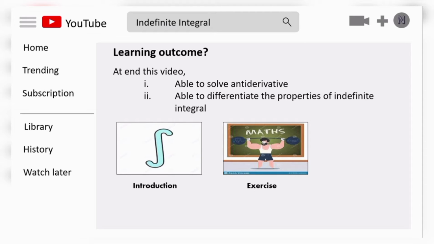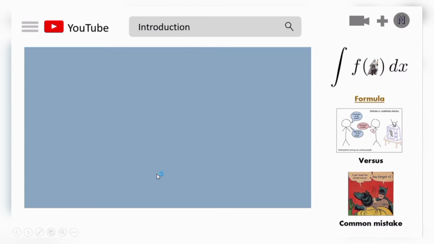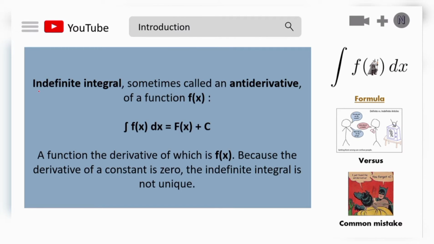Let me introduce here. Introduction: the indefinite integral, sometimes called the antiderivative of a function f(x). The indefinite integral is F(x) plus c.